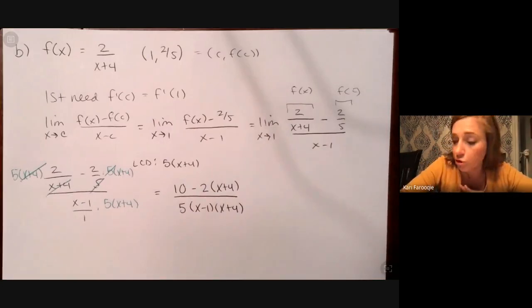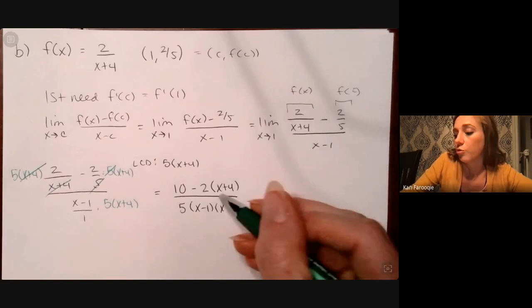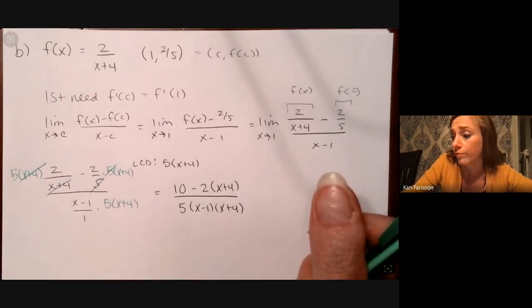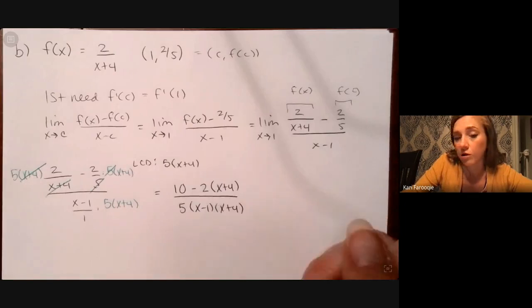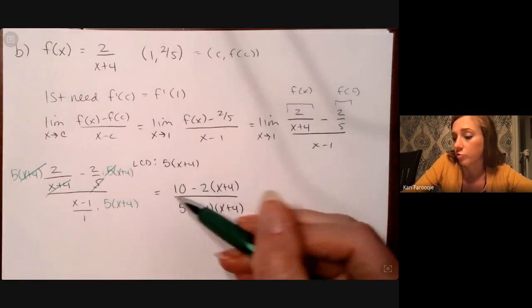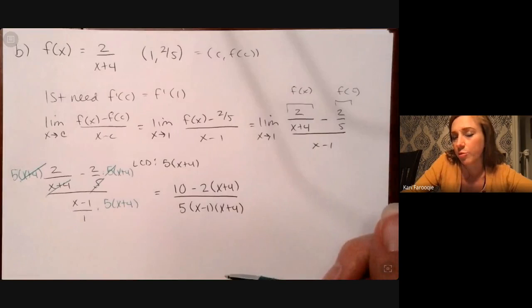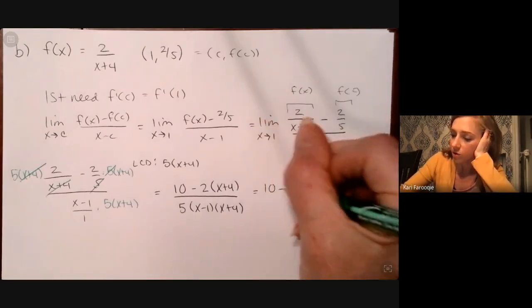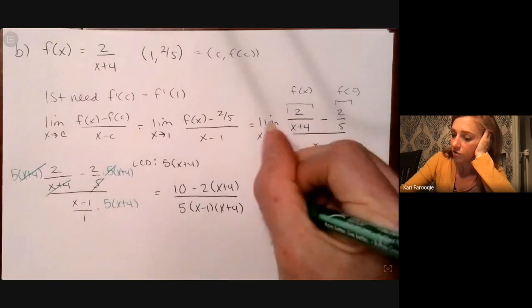Now, don't do anything crazy yet. Don't do anything crazy ever. But what I mean by don't do anything crazy is don't cancel out the x plus 4s. No. You have 2 terms in the numerator right now. You don't have an x plus 4 in this term. So you have to simplify it before you do anything else. Simplify this. 10 minus 2x minus 8.